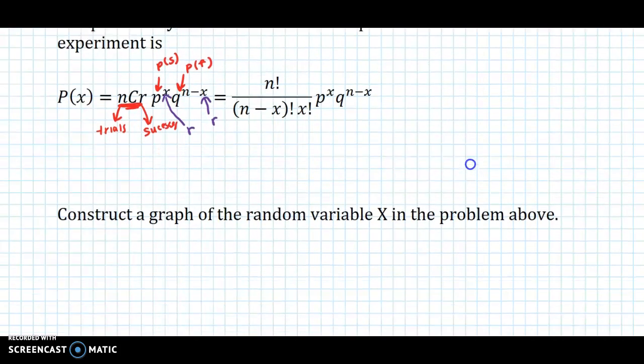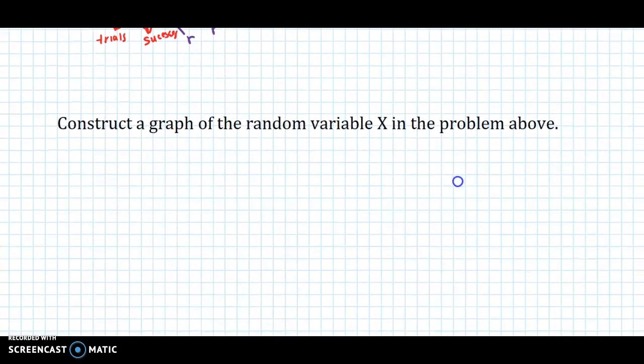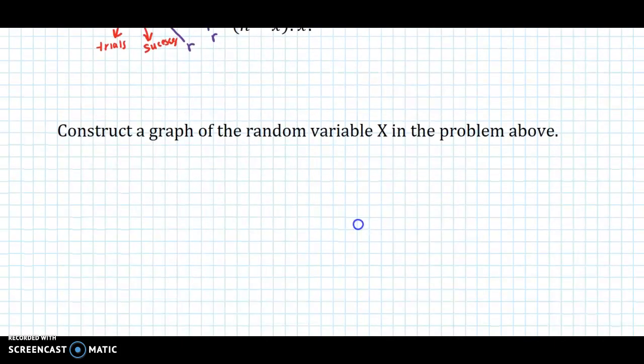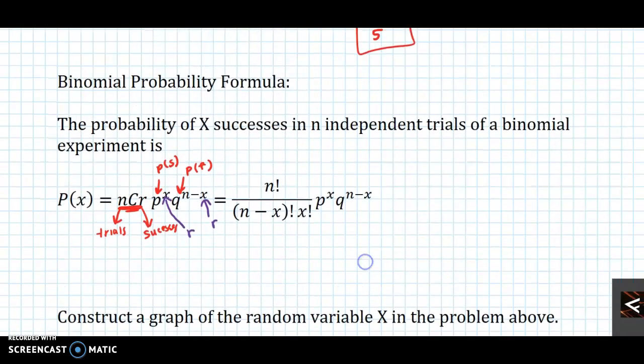All right, so let's try to apply this formula. And a lot of times it's just easier when we use numbers to construct a table and then a graph of the probability distribution.